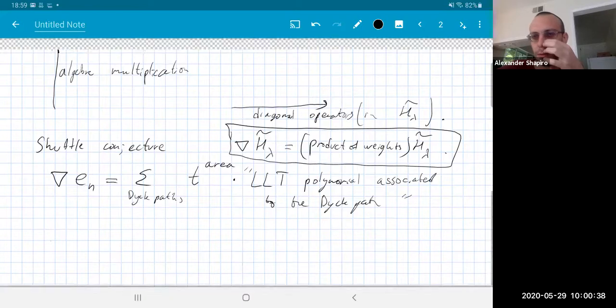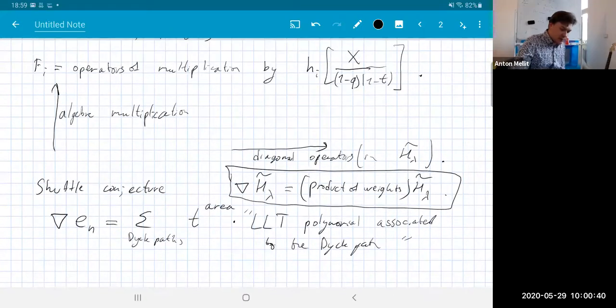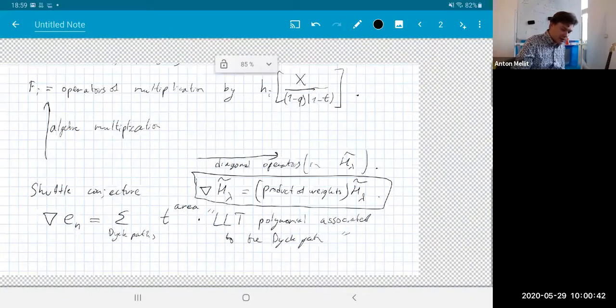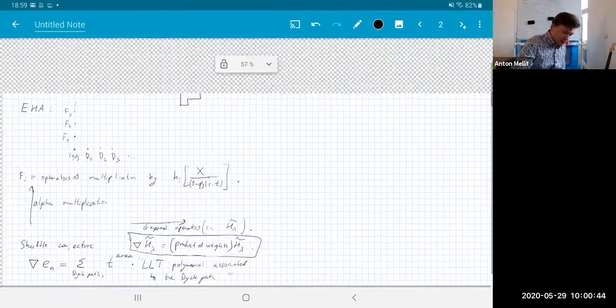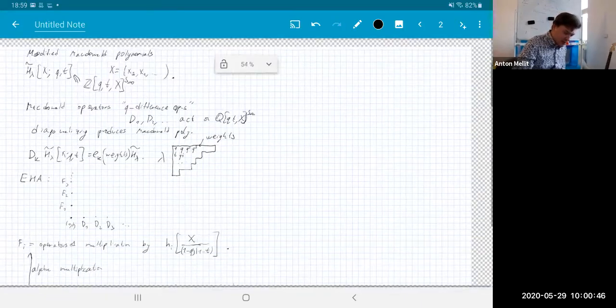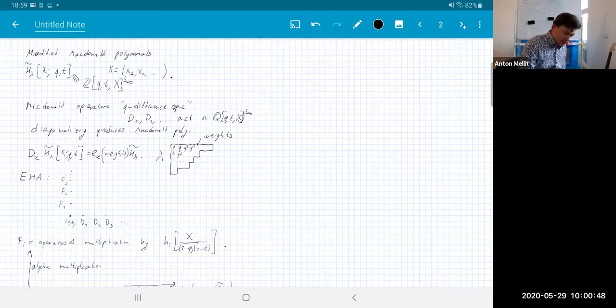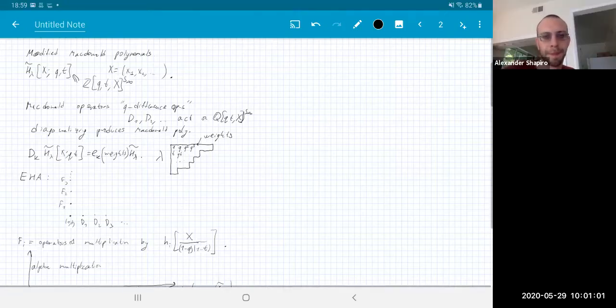Well, it is in terms of those operators that I mentioned, it's just Dn. But usually people use other Macdonald operators. Thank you.